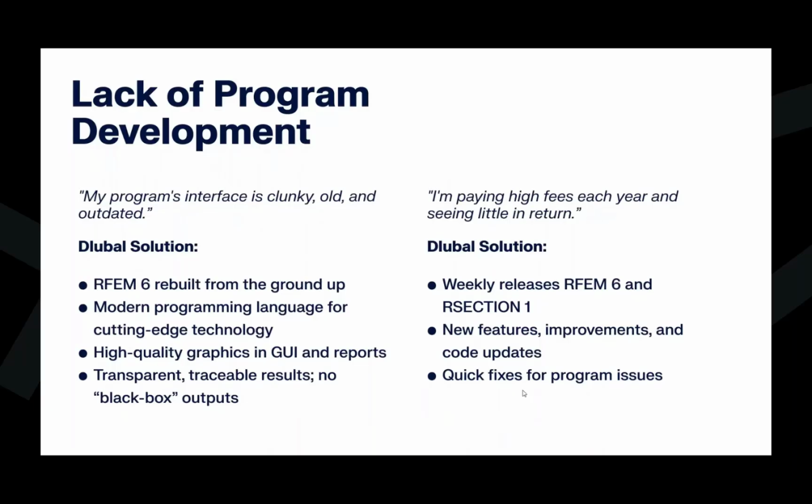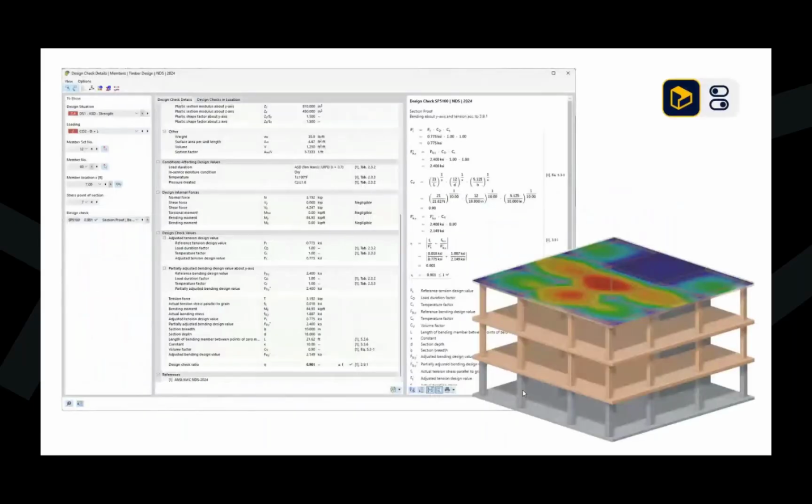In older programs, we're just finding a design ratio and that's it. So we're very much moving away from these black box software to provide you as the user with as much information as possible. Implementing this latest technology has allowed us to do so. I'll jump to the next slide quickly to show you an example of the output. In all of our design add-ons, whether it's concrete, steel, timber, aluminum, whatever it may be, we get the design checks on both members and surfaces.